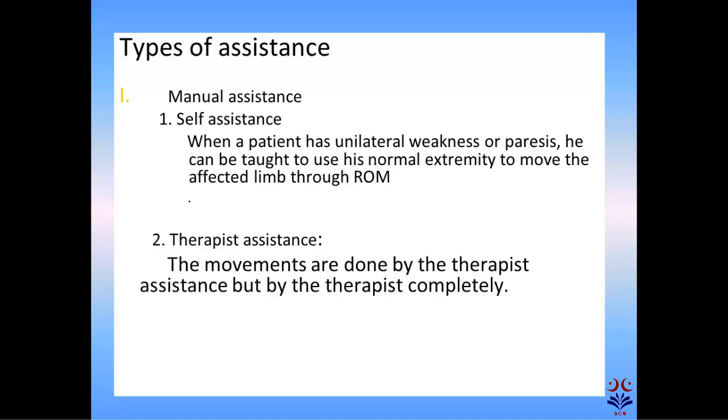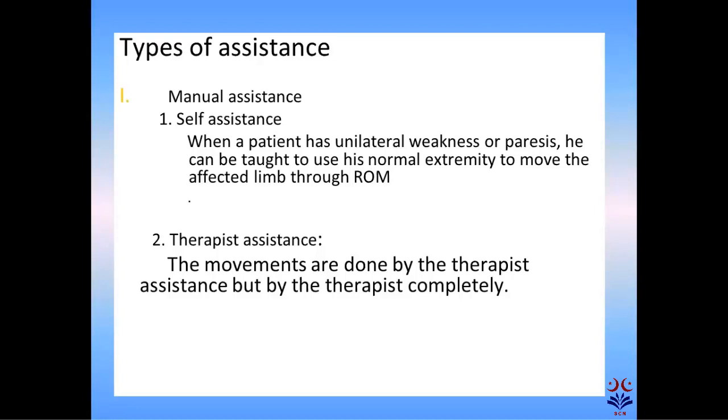Self-assistance: when a patient has unilateral weakness or paralysis or paresis, he can be taught to use his normal extremity to move the affected limb through range of motion. This type of assistance is called self-assistance or auto-assisted exercises.